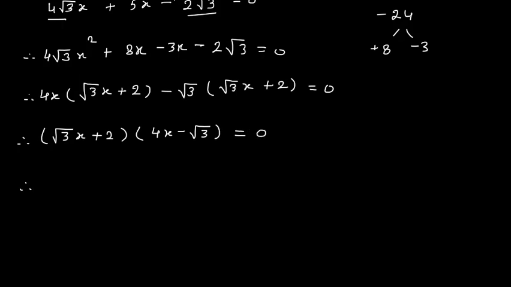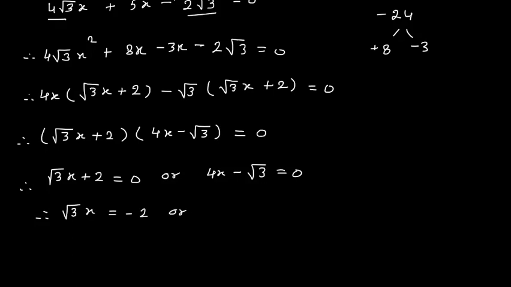So therefore it will give you root 3x plus 2 is 0, or you have 4x minus root 3 is 0. So therefore root 3x is minus 2, or 4x is root 3.